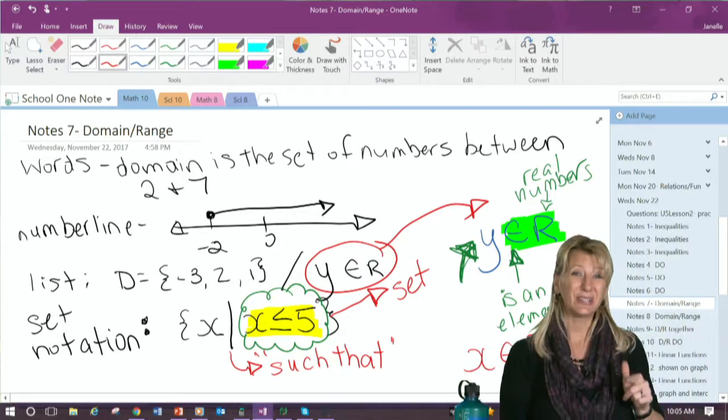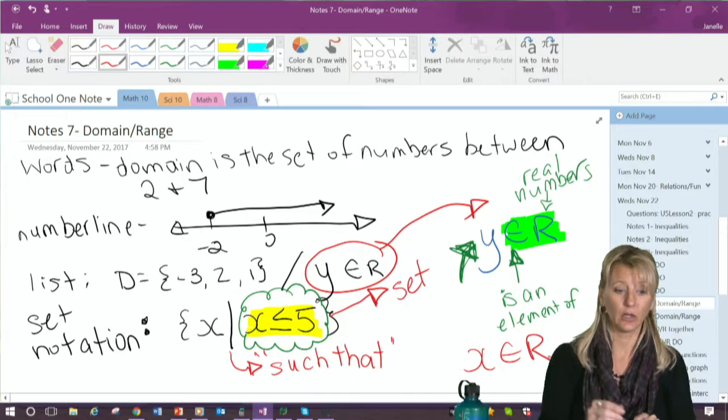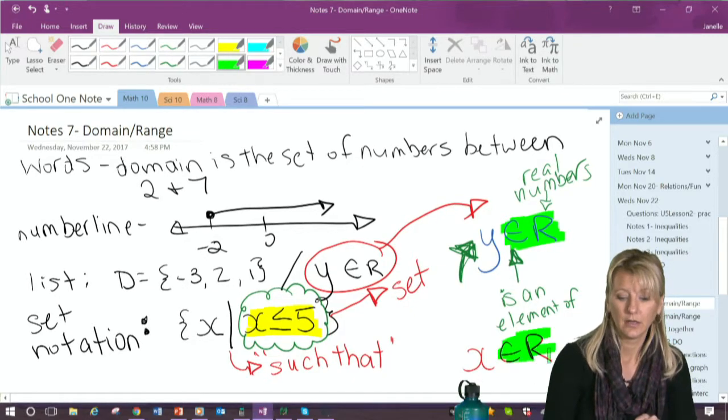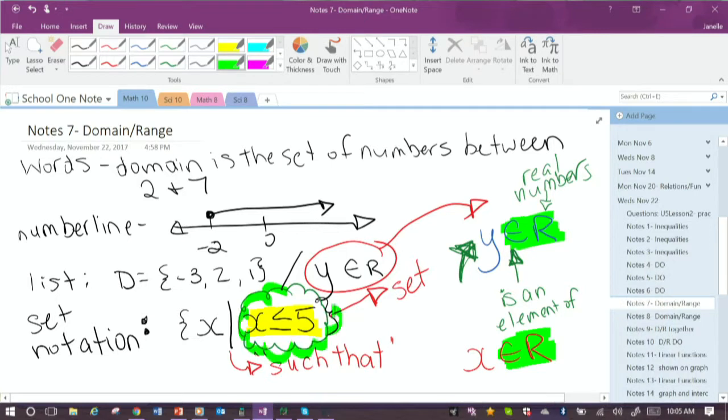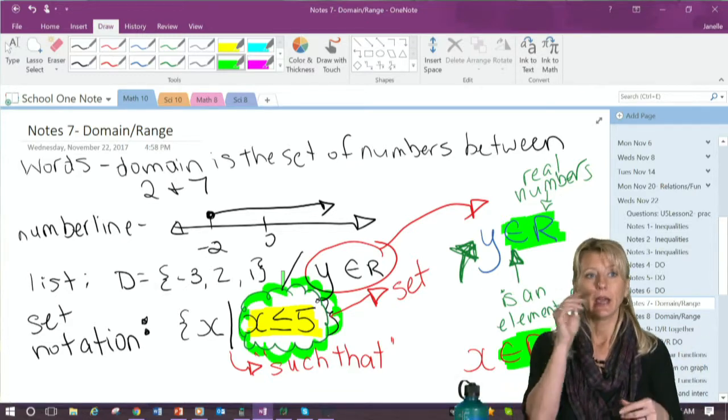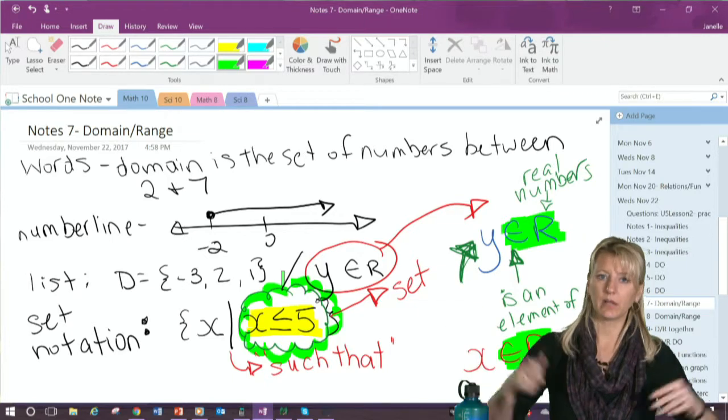So get used to that one because you're going to be using it a lot. When there is no restriction... this guy here is a restriction, because it says it can only be in this certain section, which is good. Sometimes that's the case. And then sometimes it says, nah, it can be whatever it wants.